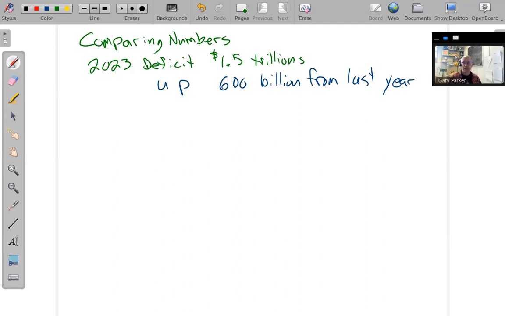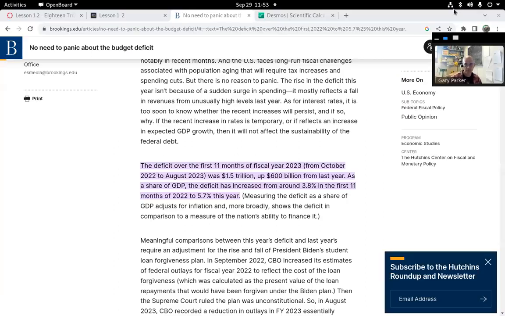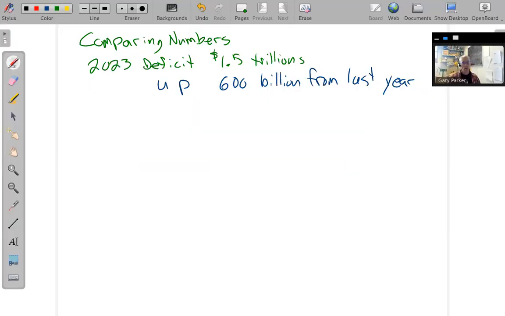All right, double check I got those right. It's up 600 billion from last year. All right, so what does that comparison look like? So we want to do a division. We want to know what part of the 1.5 trillion is 600 billion.